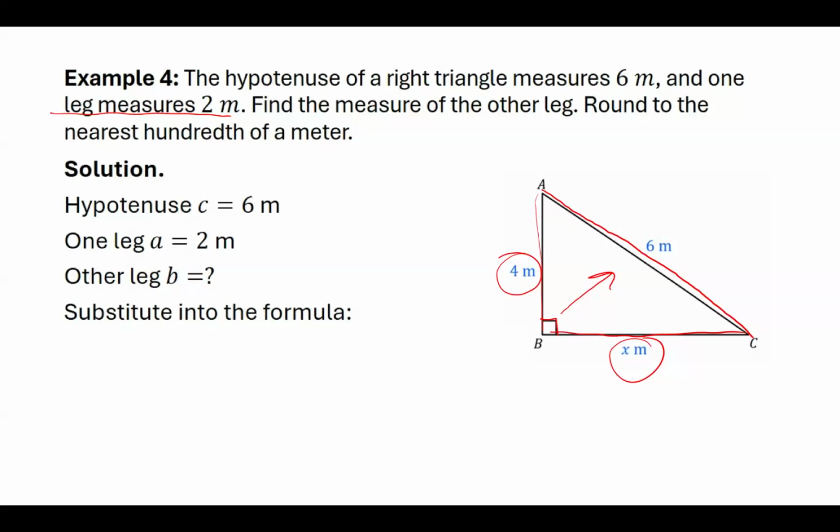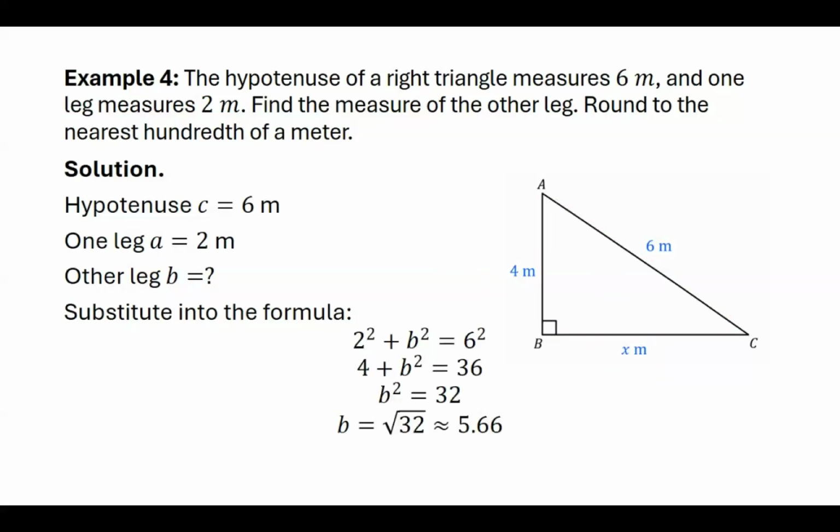Also, when you do the formula, you could call this A, or you could decide the bottom one to be A. That does not change. The only thing that is very important is that C is always the hypotenuse. So now that I call this A, A equals 2. Technically, I want to find B. What's the value of B?